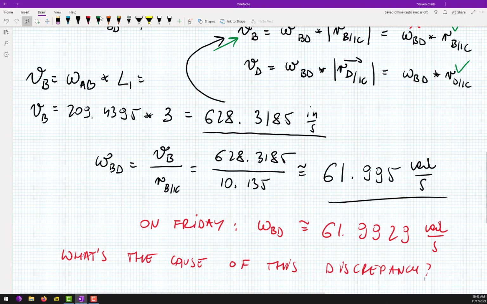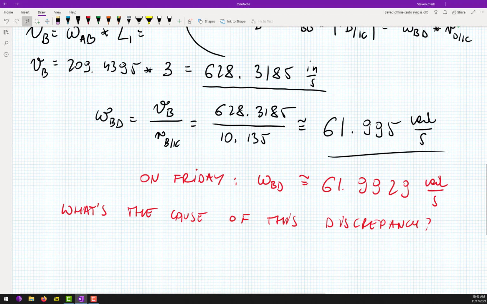Yes, rounding error. Okay. Because we use two different approaches, and we don't keep like 700 digits after the decimal point, so there will be some discrepancy here.